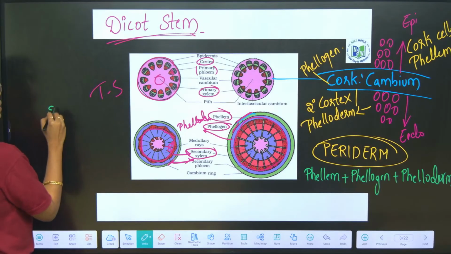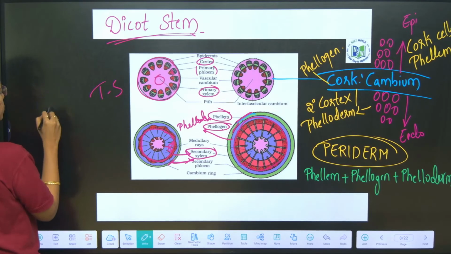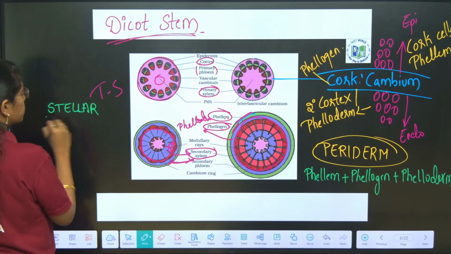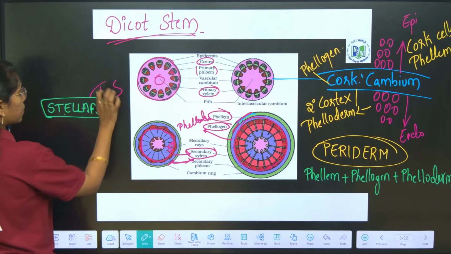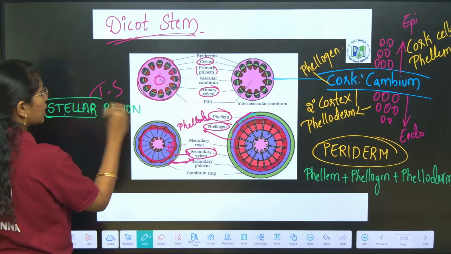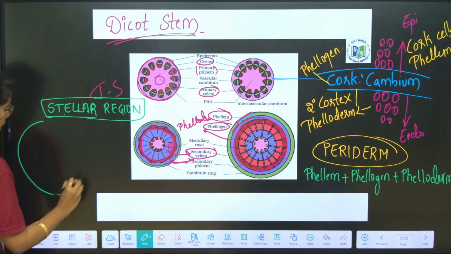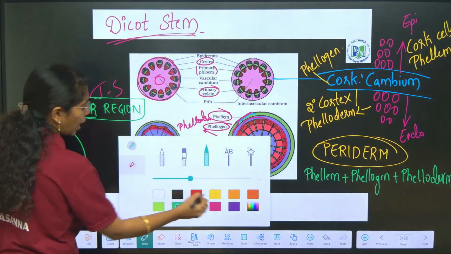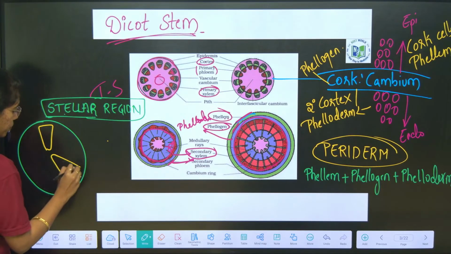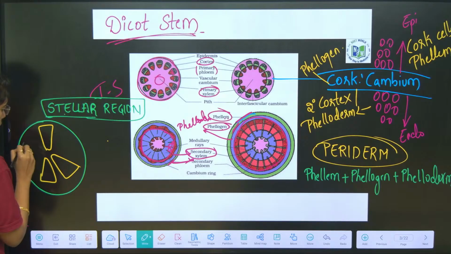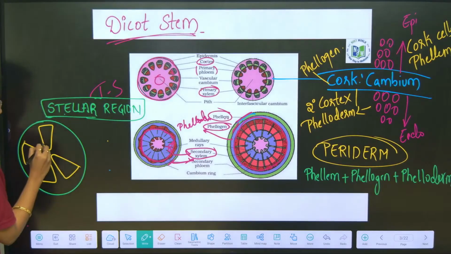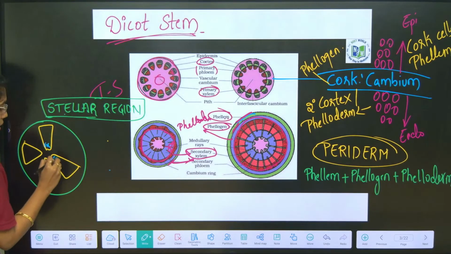So, here if you consider the stellar region, here you see, in the stellar region what happens? First the outer side is pericycle and inner are the vascular bundles, right? See, vascular bundles. Here you see in between xylem and phloem, primary xylem will be towards the pith first. Yes or no?